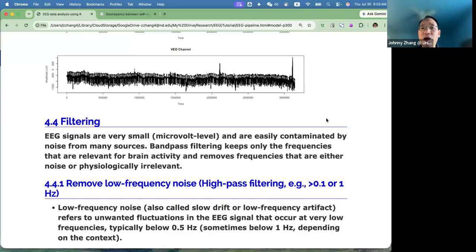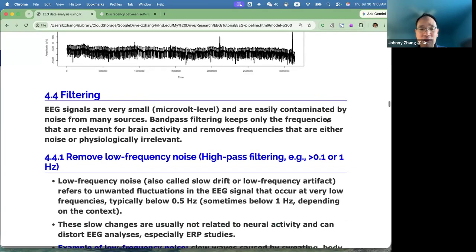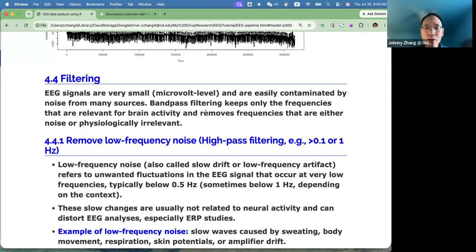Assuming your signals are okay, which means your EEG data collection device works well and the signals are valid data, next we can do filtering. EEG signals are often very small values in terms of microvolts, so they can be easily influenced or contaminated by noise from different sources.